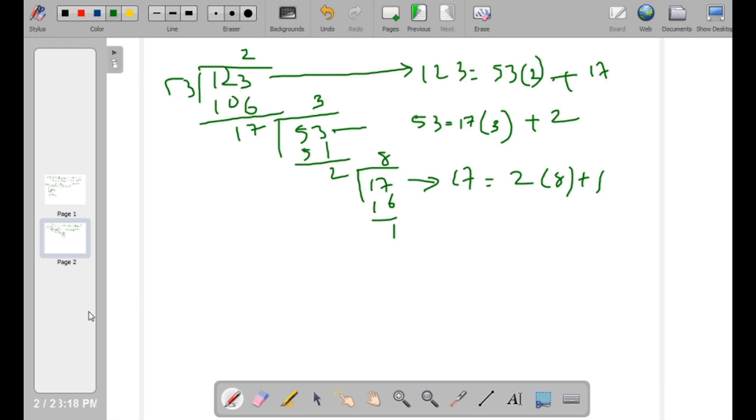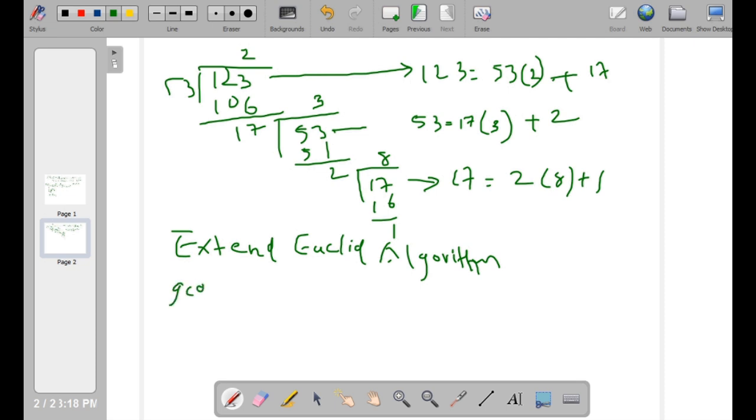We are applying the extended Euclid algorithm to find this inverse.